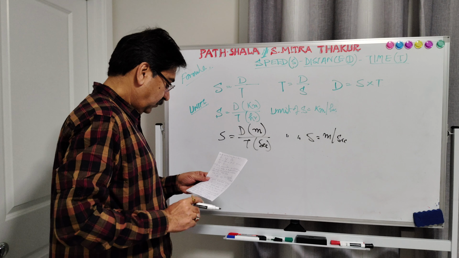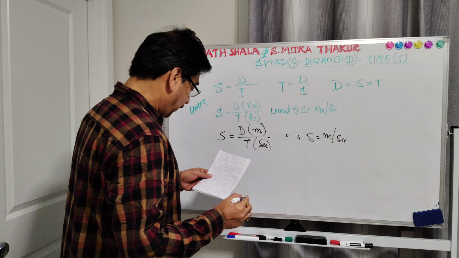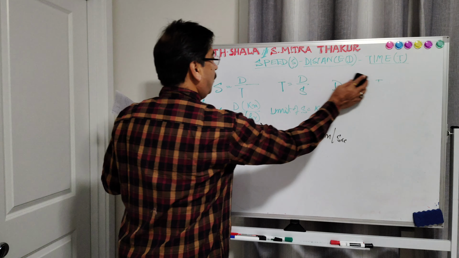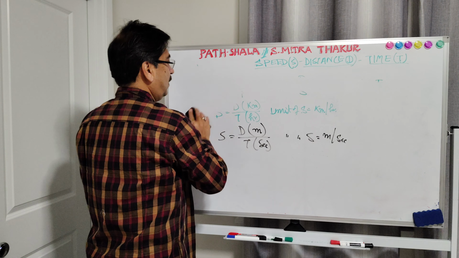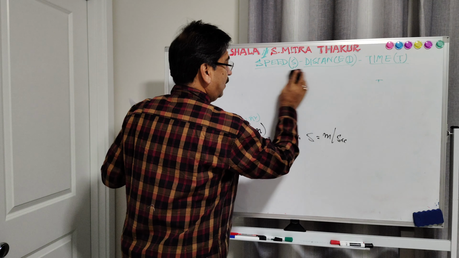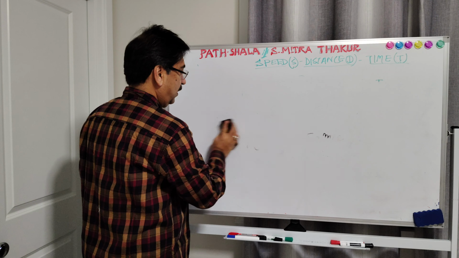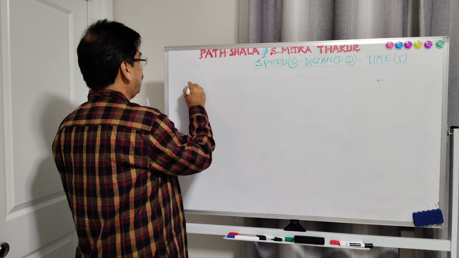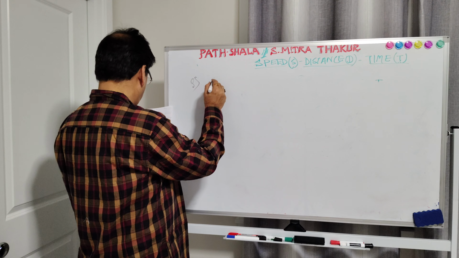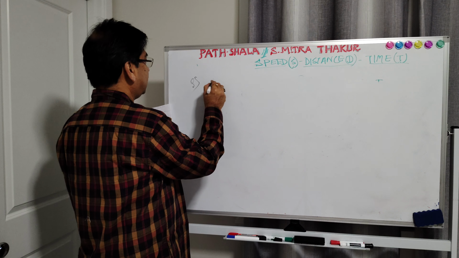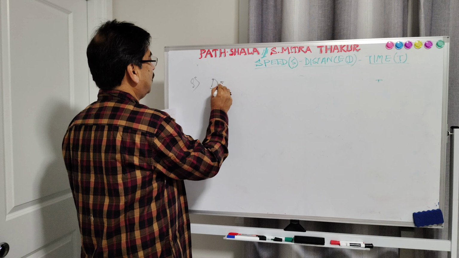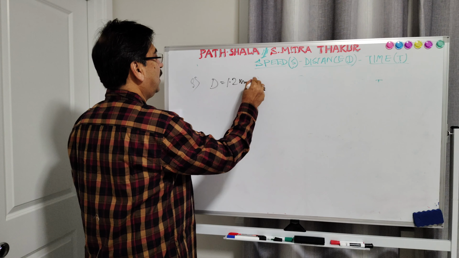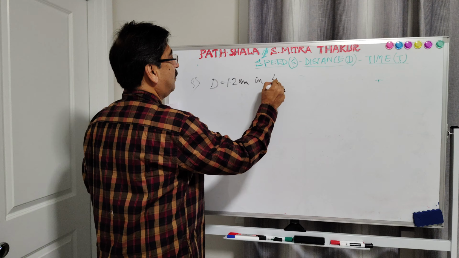These three formulas you note down, and now I do a question on the basis of these formulas. A boy covers a distance. The distance is equal to 1.2 kilometer, covered in 40 minutes.